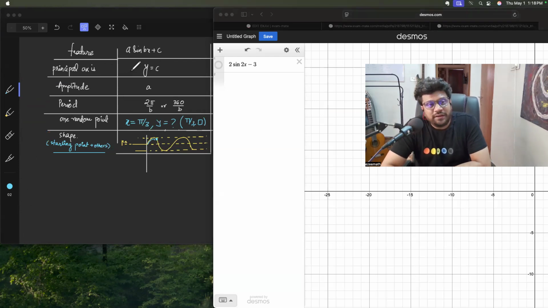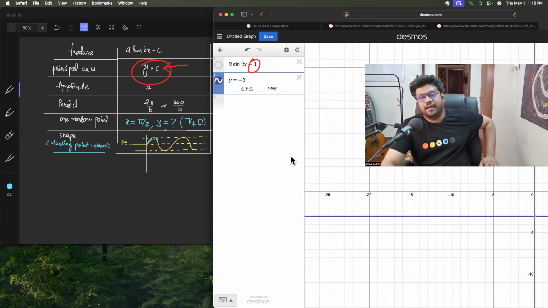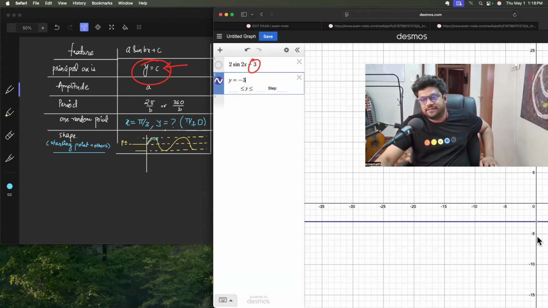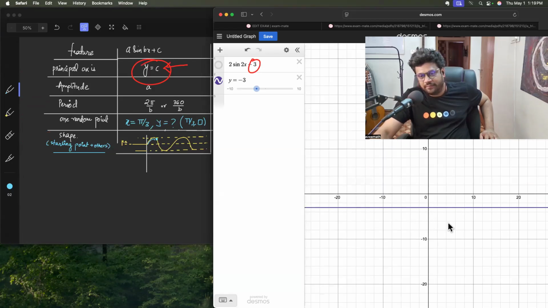I know that the principal axis is supposed to be at y equal to c. C value is minus 3 here. In that case, y equal to minus 3 is going to be the principal axis. There it is, the purple line, if you can see it here.